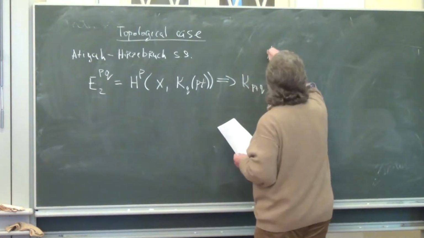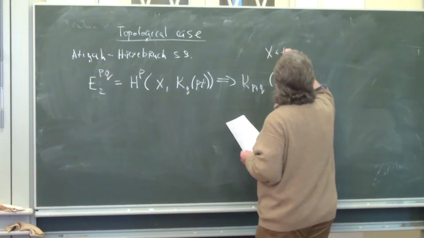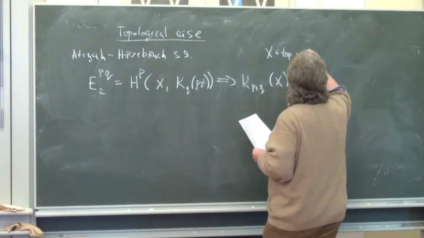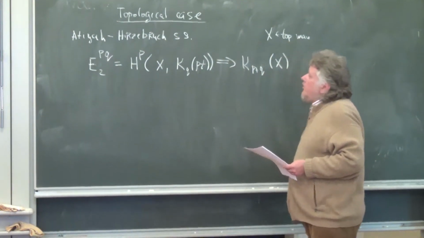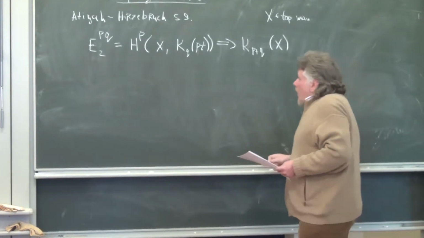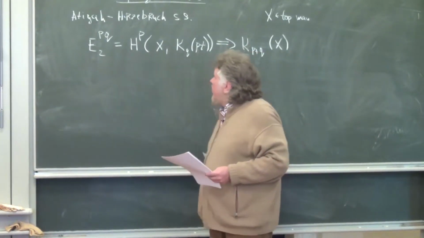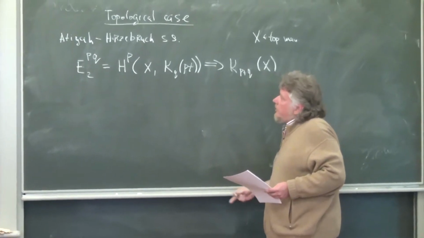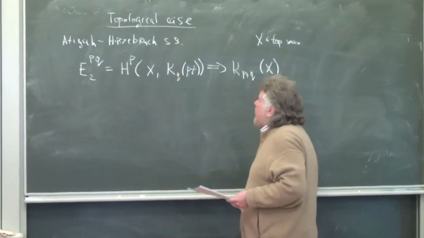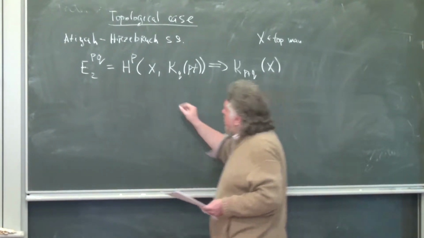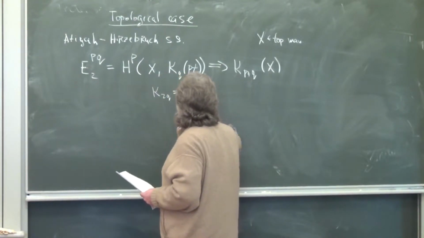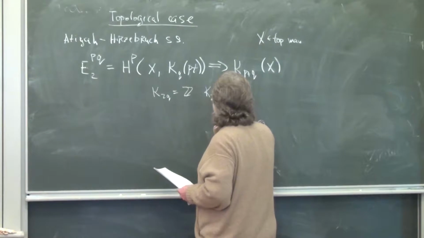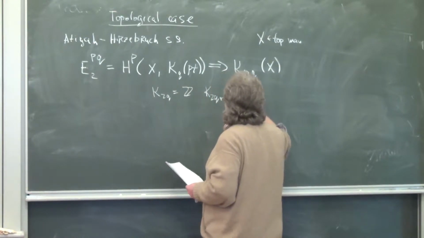X here is a topological manifold with some good properties, H is singular cohomology, and K is complex K-theory, so K^{2k} equals Z, and K^{2k+1} equals 0.